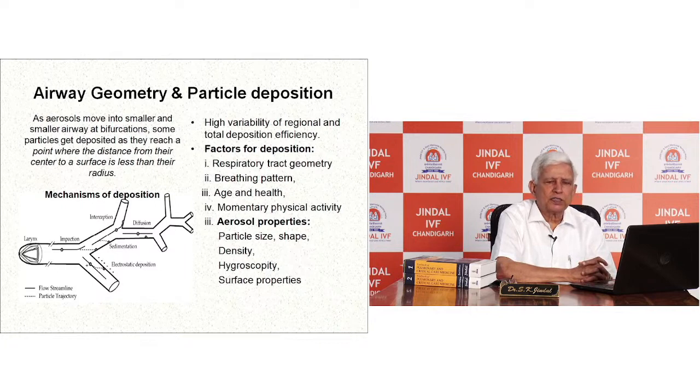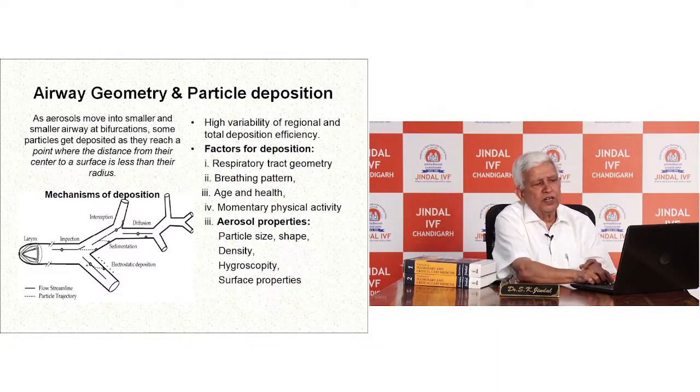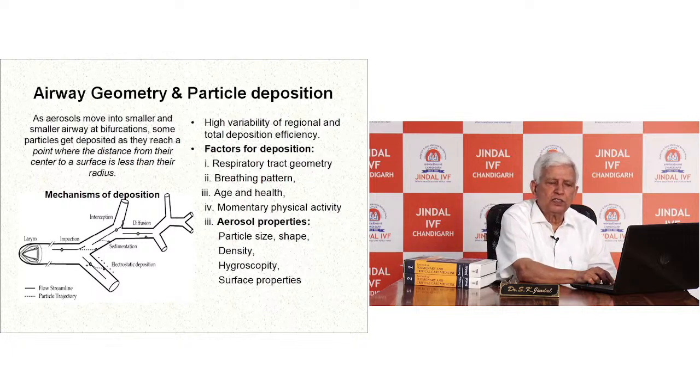In a normal person, the flow of air is linear, but it is turbulent in a person with breathing difficulty. So the deposition is always irregular within the lungs. It will also depend upon age, health and the patient's physical activity. All these factors will determine the deposition of the particles in the airways.